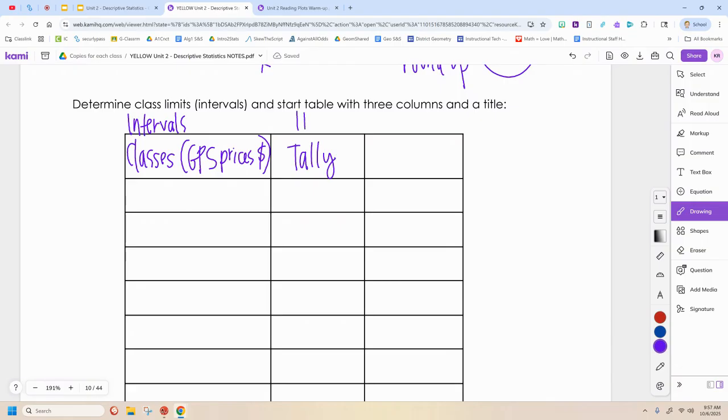I have 1, 2, 3, 4, 5, right? You guys remember how to tally? Okay, and then the last column is the one that we actually need, and the tally kind of disappears. We need the frequency, which is how many tallies you have, and we often use a lowercase f for that.